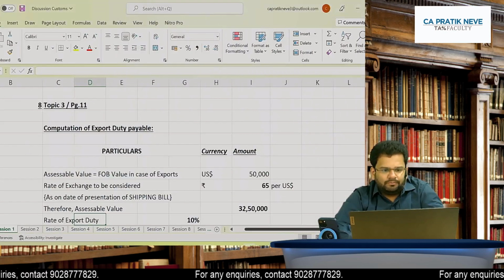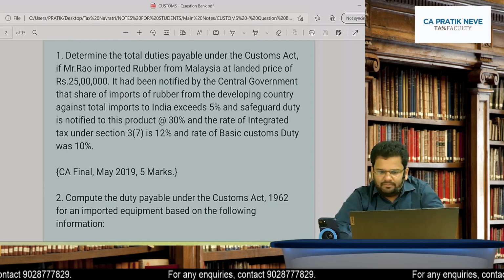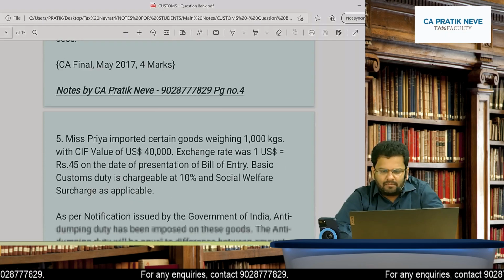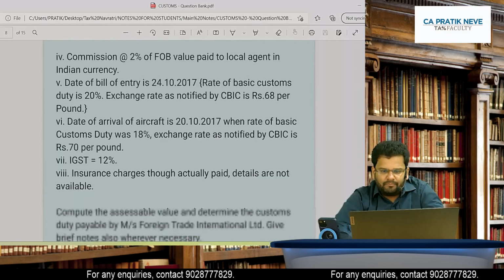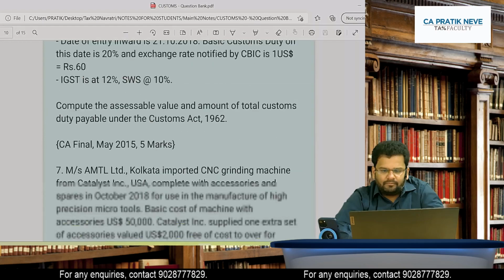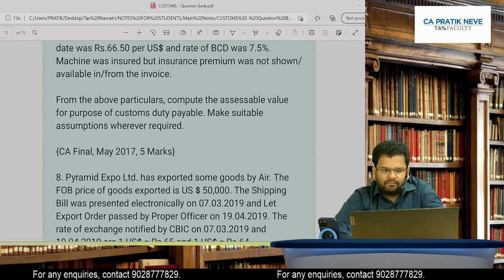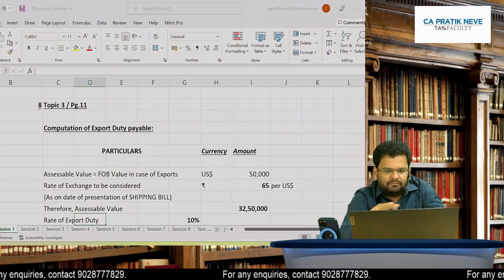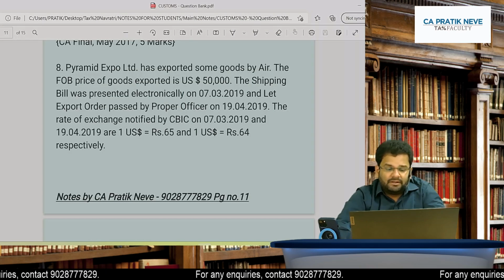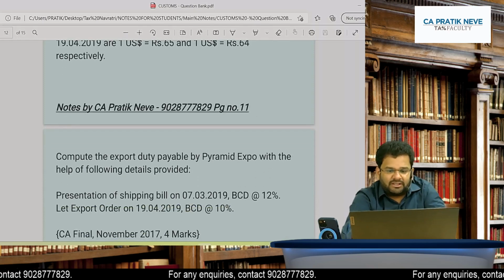Go to page 11. Question number 8. See this question, okay? It's about export duty payable.